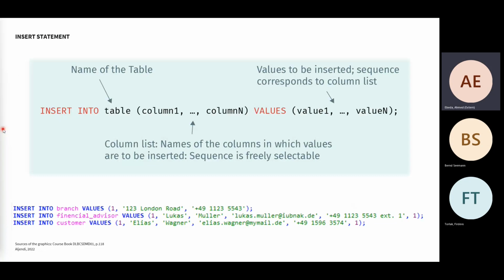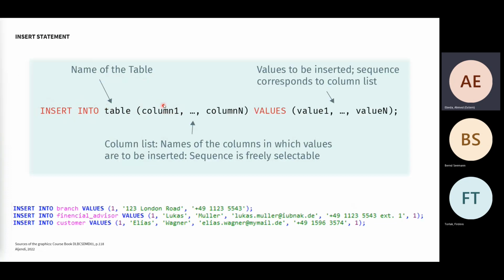So, to insert data into a table, we have a structure. First you write insert into, and then the name of the table, and then you write the columns which will be impacted by your entry.